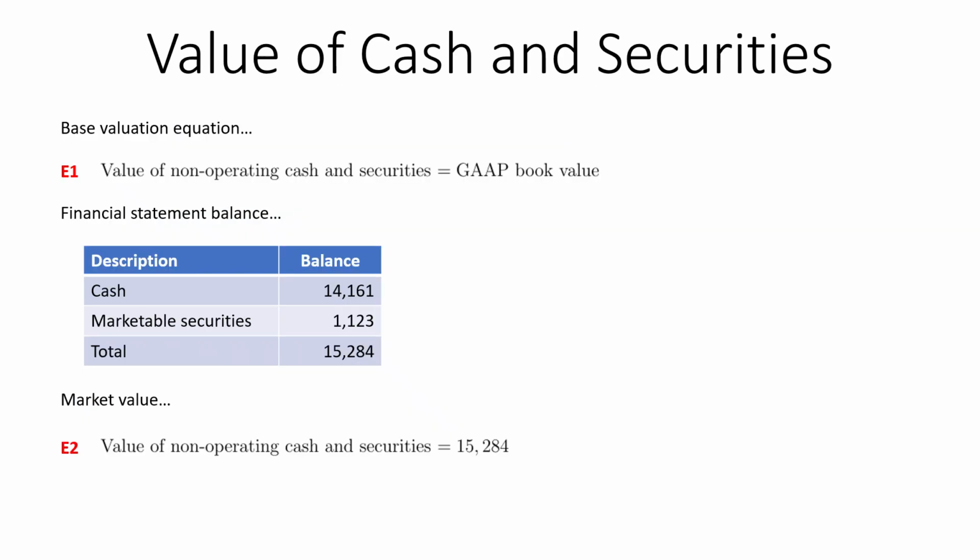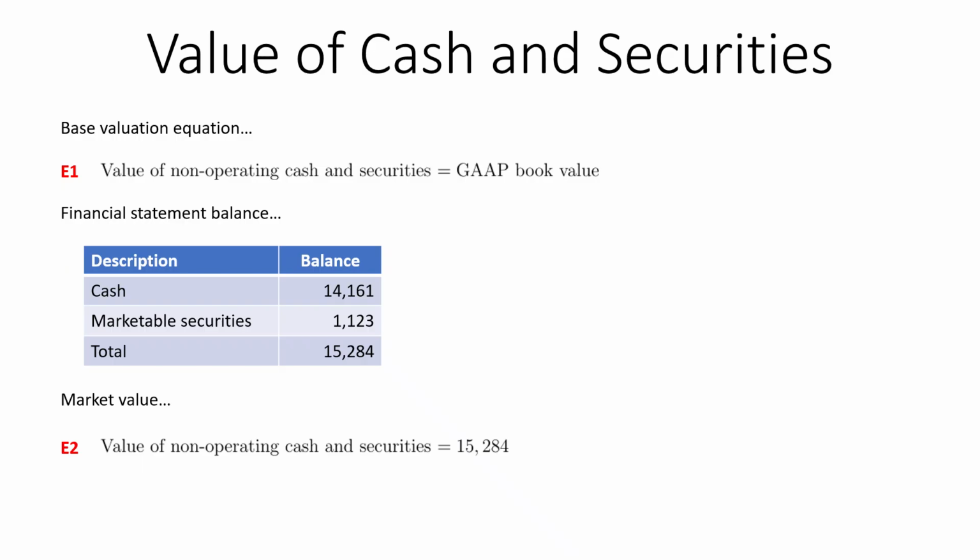The first item up to value is the value of cash and securities. Companies build themselves up a cushion of cash available for emergencies and for doing M&A deals. They'll build up a balance of cash and marketable securities.